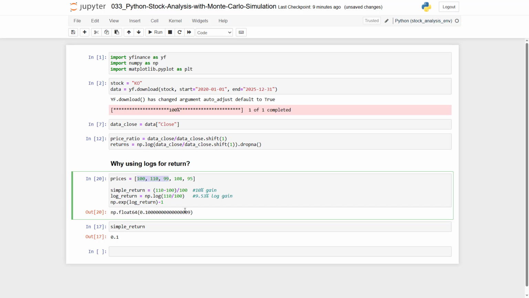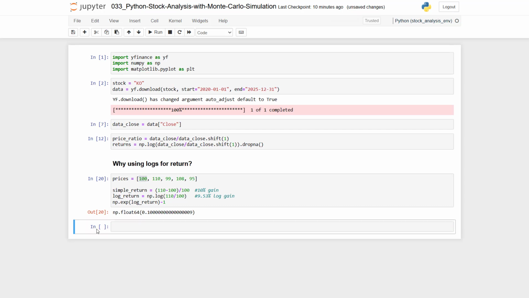And for our model, it is better to be cancelled out. Although in the real world, if we go with 10% up and 10% down, it's not cancelled. We are at 99 if we start from 100. So, as I said, the log returns is better in statistical modeling. I'll try to explain this later better in the Jupyter notebook itself.